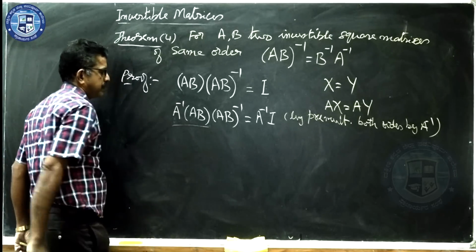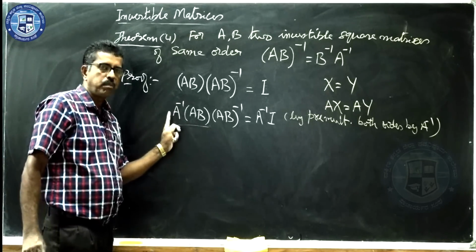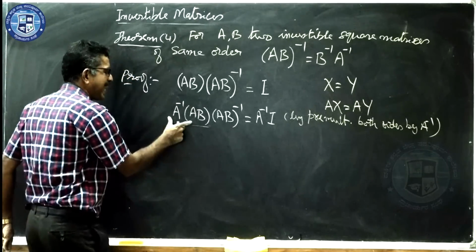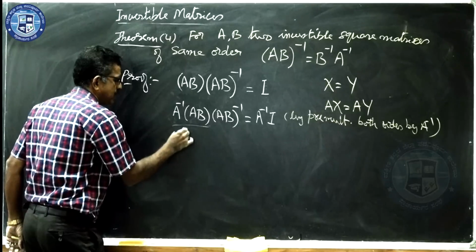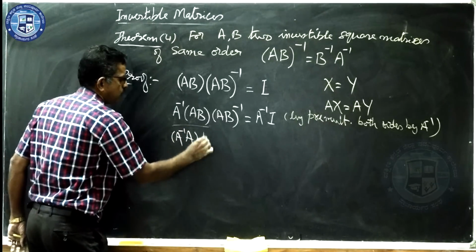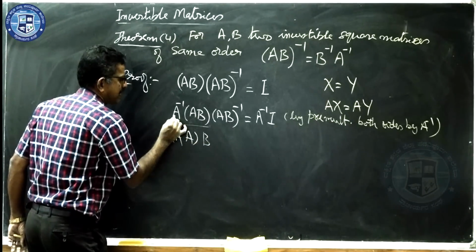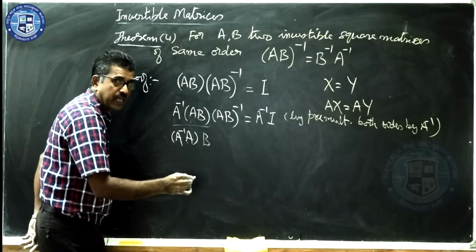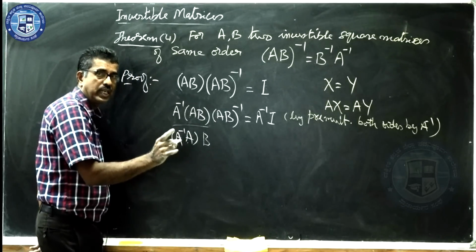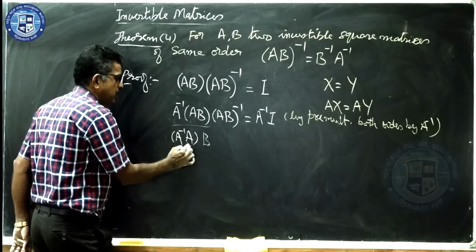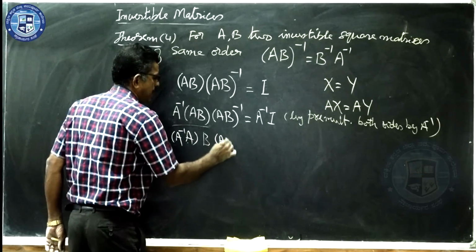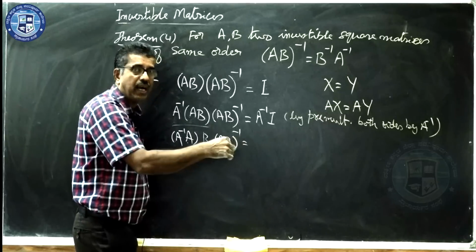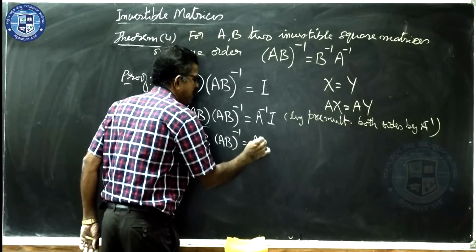Now, with the support of the matrix multiplication associative axiom, this can be written as A inverse into A into B, this into (AB) inverse. X into YZ is XY into Z. Matrix multiplication is associative. Are you clear? That is equal to A inverse into I, which is A inverse.